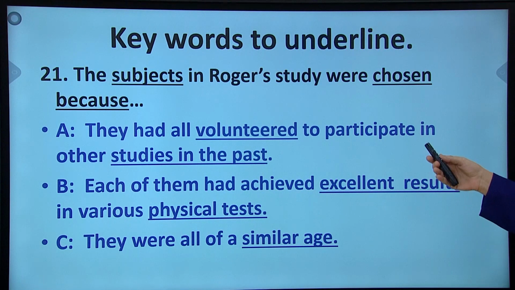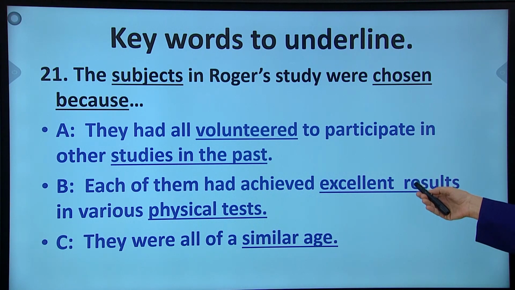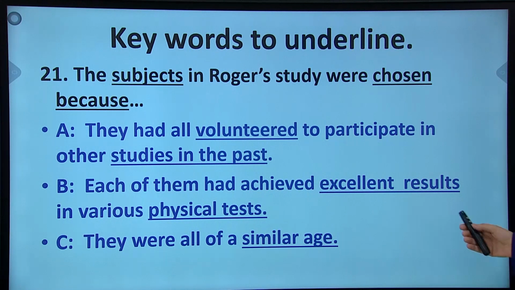They'd volunteered studies in the past. That's the important, essential information in that sentence, okay? Each of them had achieved excellent results in physical tests. Again, those are the key words, and I hope you got the same. And similar age, again, are the key words in C.